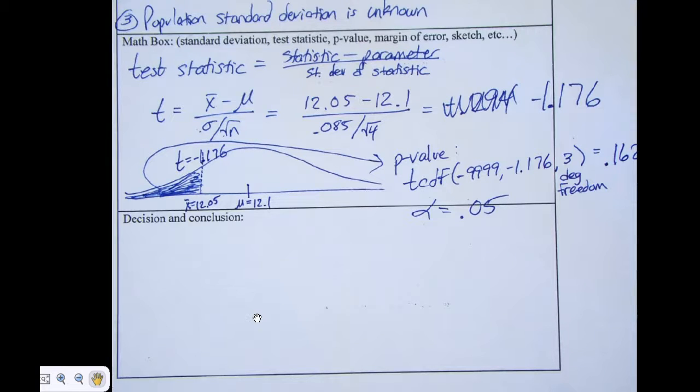If my area is larger than this, I don't think anything's wrong. So my cut point is kind of over here somewhere, and I'm not far enough away yet, so I don't think anything's wrong. But that changes from each problem. It's almost always 0.05, but they can make it 0.01 or 0.1. But they'll give it to you. You don't have to come up with that on your own.